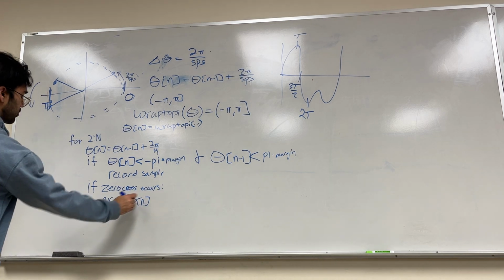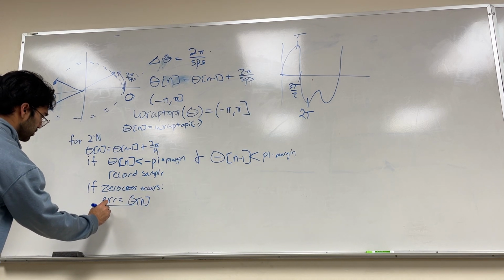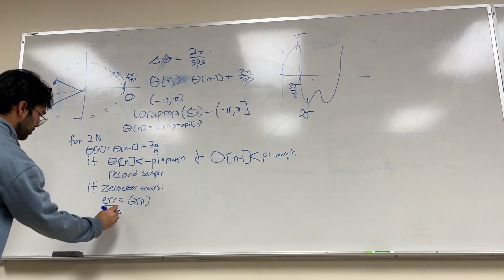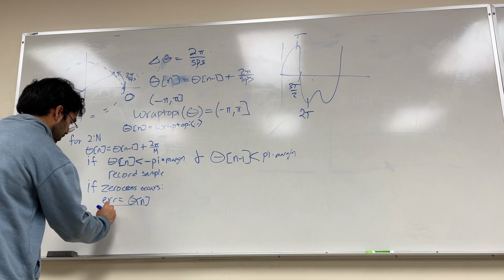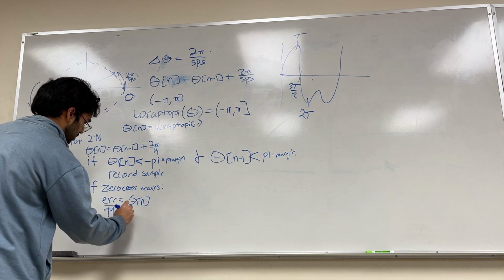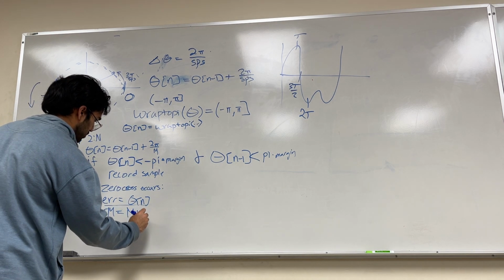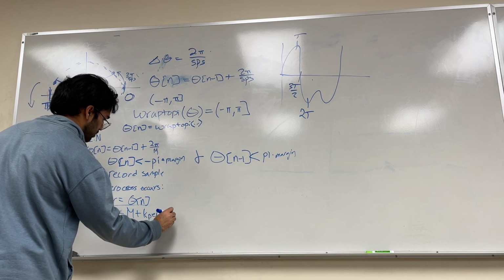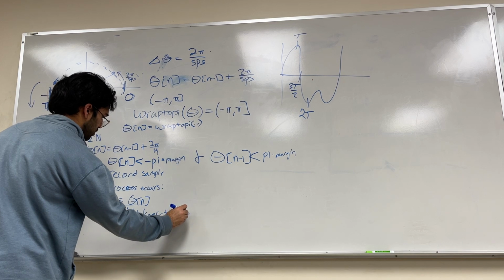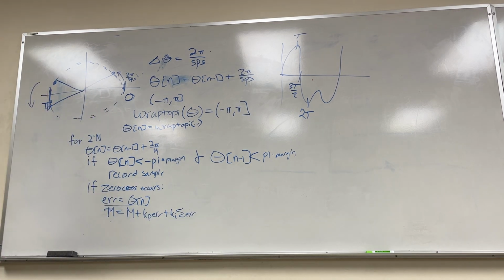That's your error function. And then of course, you just tune it, right? You adjust your samples per symbol. Right? And you repeat. And this should get all your samples.